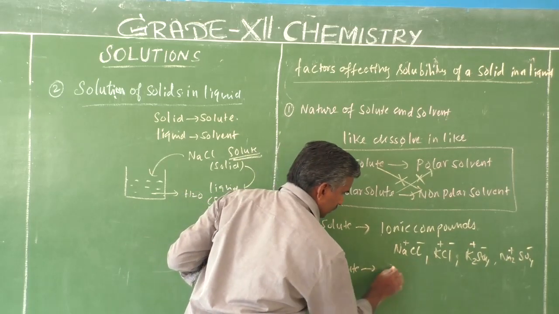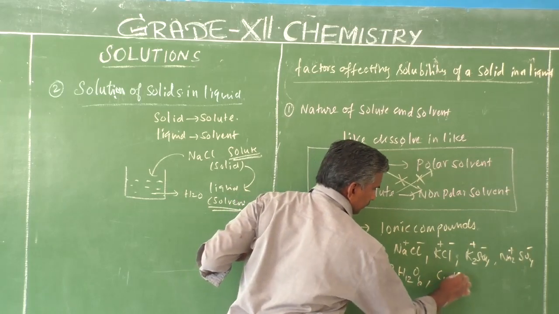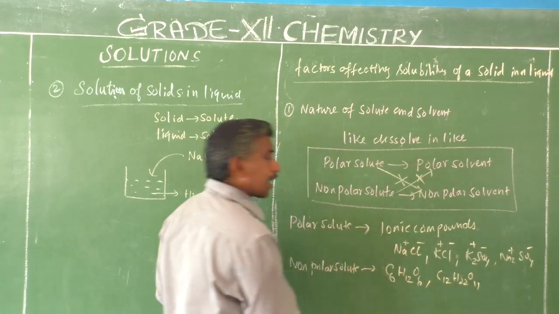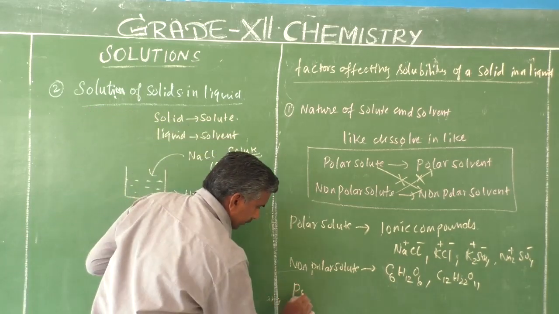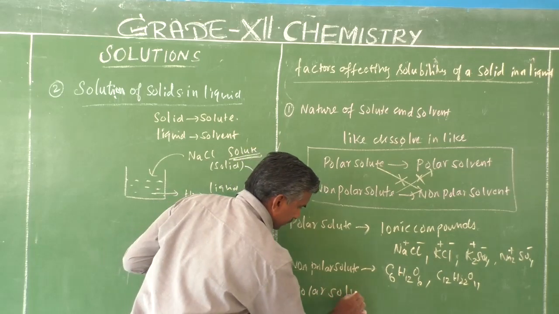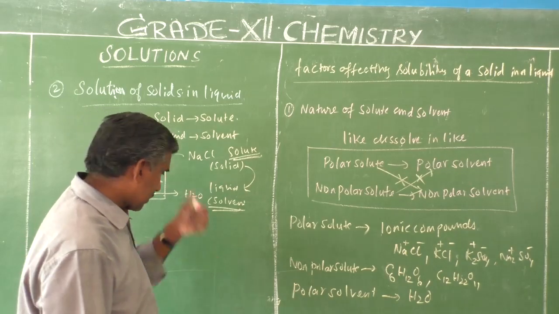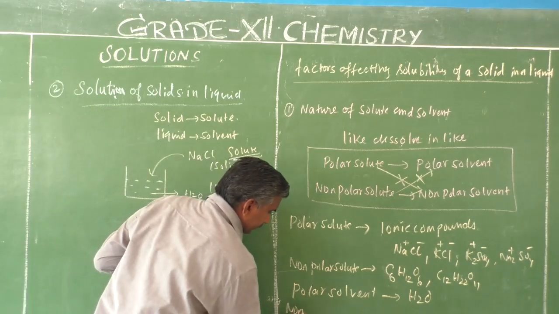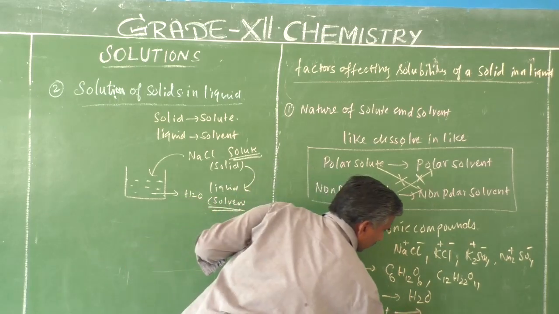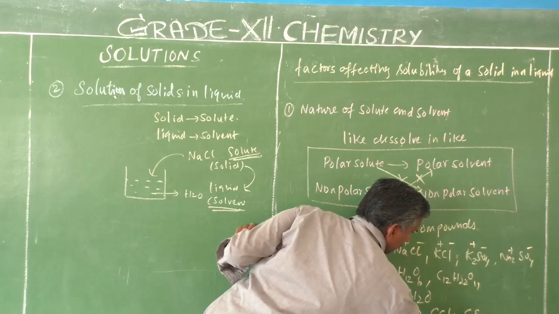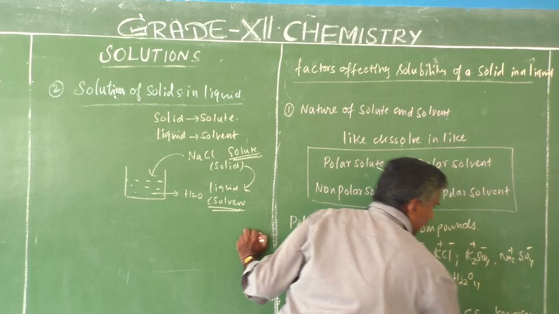Non-polar solute: glucose, C6H12O6, sugar. Polar solvent, for example, water. Non-polar solvents: carbon tetrachloride, carbon disulfide, kerosene, petrol, and so on.